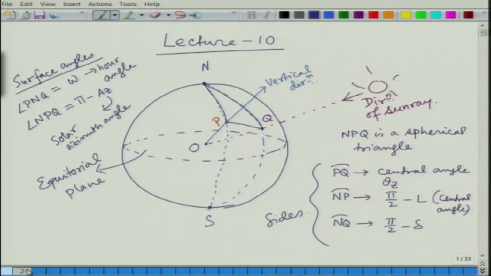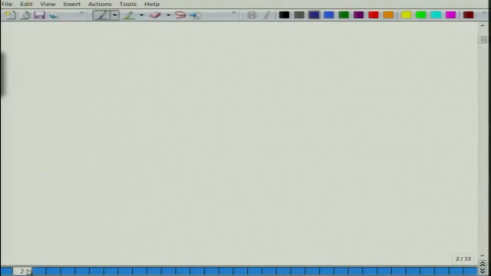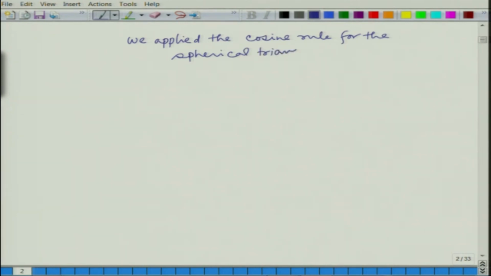Now, with all these angles, we applied the cosine rule for the spherical triangle NPQ, and we obtained the following relationship.